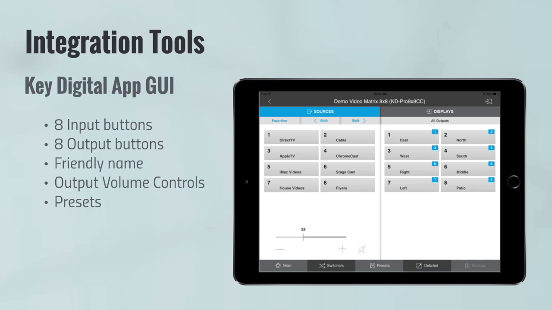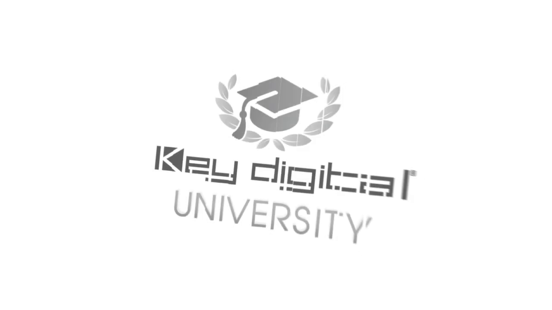And of course, you could also set presets for the current configuration of the KD-Pro8x8D. This is ideal for light commercial applications like a bar or restaurant, where you want to set your open and closed, what sources are being viewed on what displays, and your level sets for your volume to come in at a nice even level early in the morning.